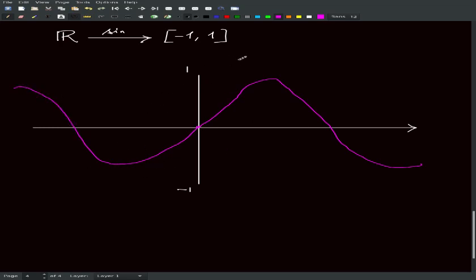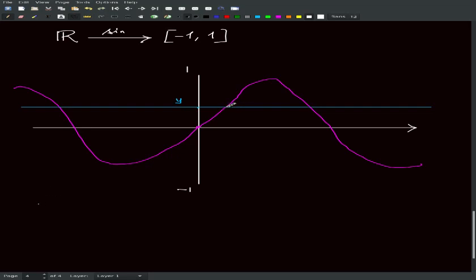So now, obviously, pardon my drawing. If you fix any y over here, let's see what the solution is.